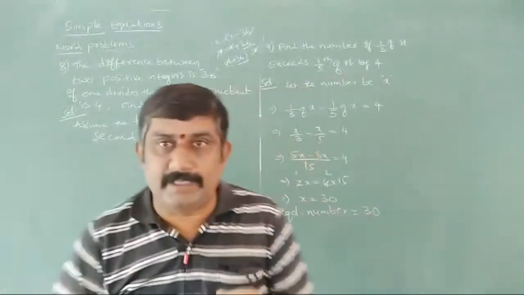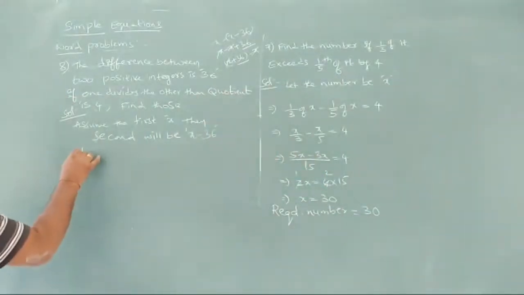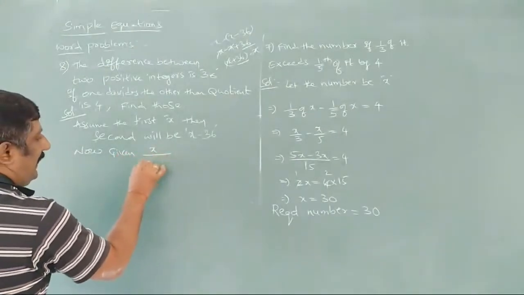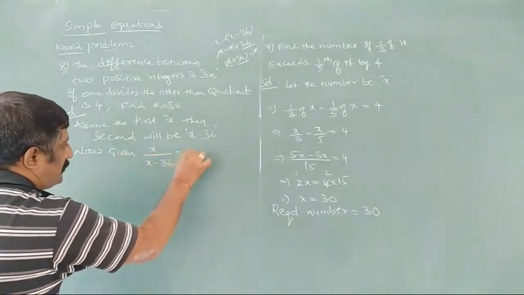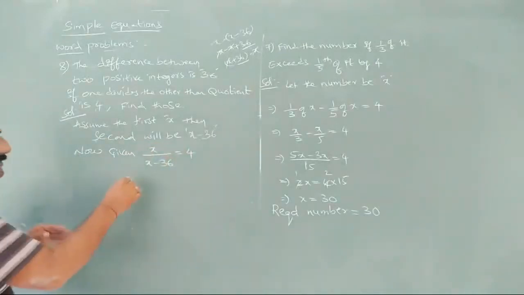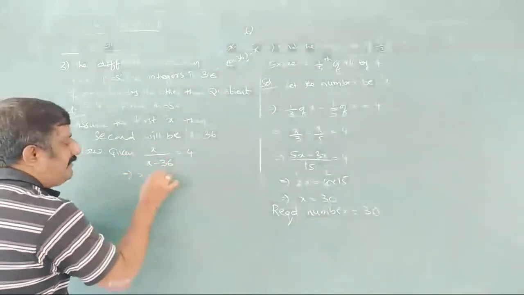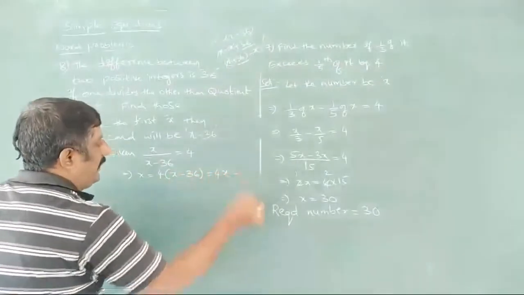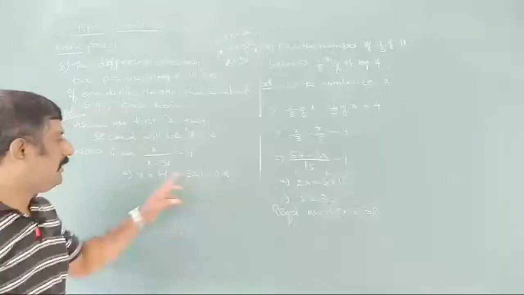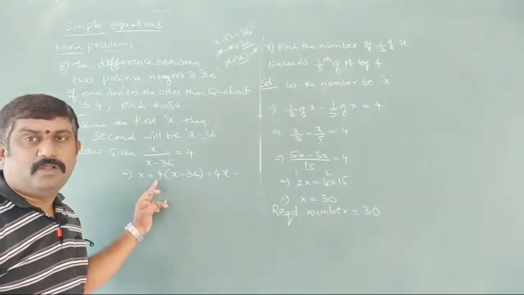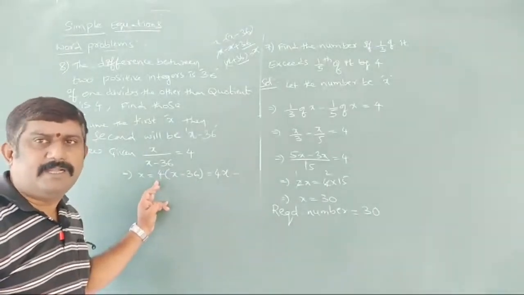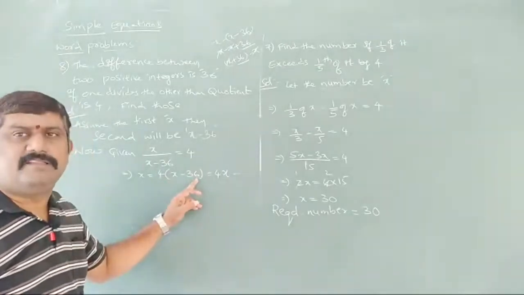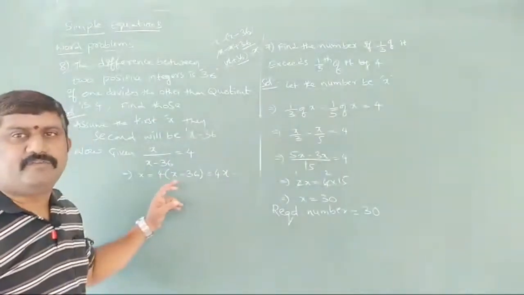Now what am I writing here? Given x/(x minus 36) is equal to 4. Now just take the cross multiplication. x is equal to 4(x minus 36), or else 4 into x is 4x, and 36 4s are... we discussed in previous classes that we can multiply without knowing the table also. 36: 30 4s are 120, 6 4s are 24.